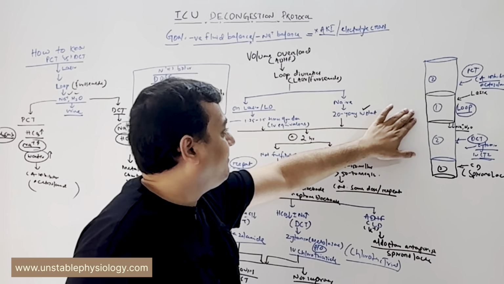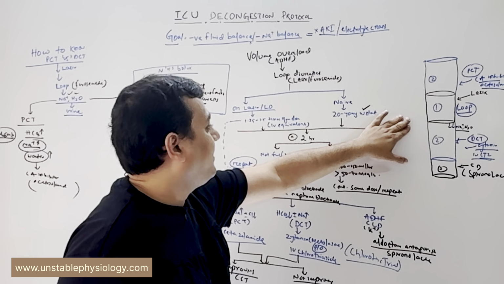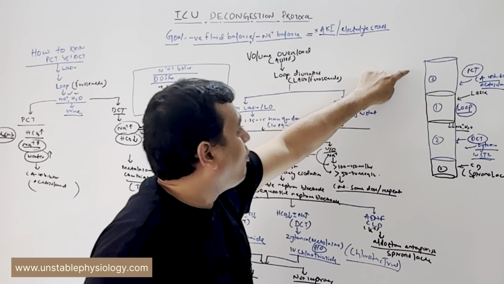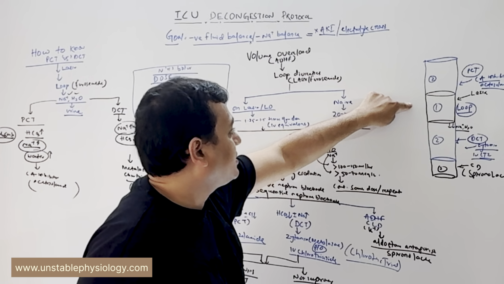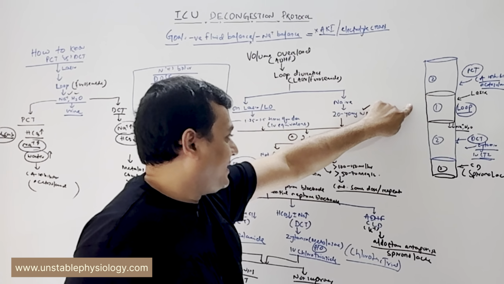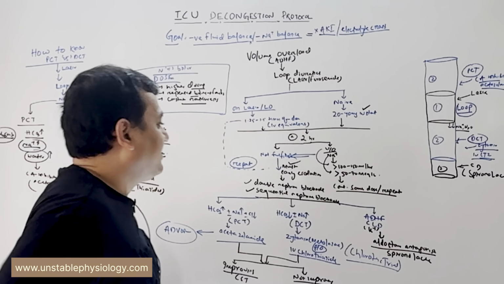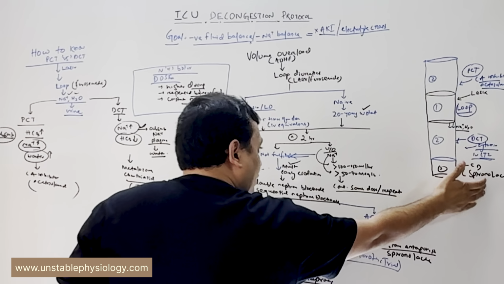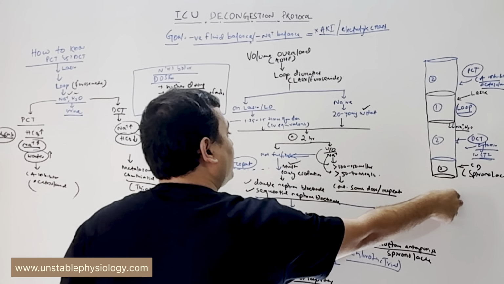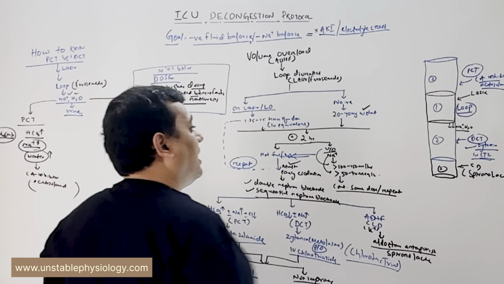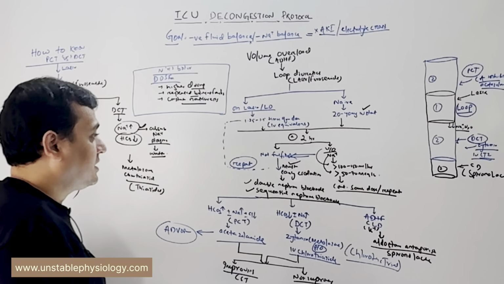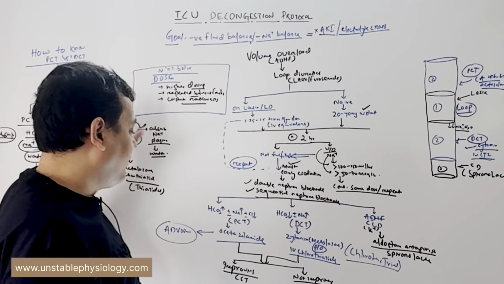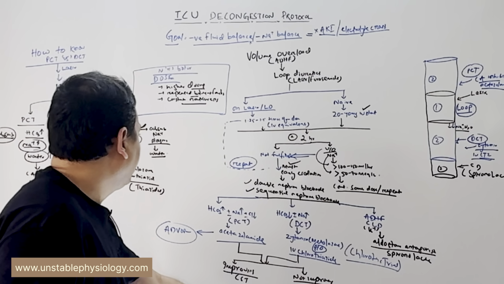This is called double nephron blockade or sequential nephron blockade. If one of them is not working, you can add both the drugs to the loop. That's called triple sequential blockade, right? Or if the patient has CLD or ADHF, we can add spironolactone, an aldosterone antagonist, which mainly works on the collecting duct and some part of the distal convoluted tubule. If everything fails, then ultrafiltration is the option. Thank you very much.